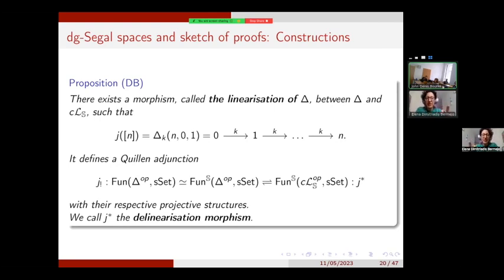And that defines an adjunction between simplicial spaces and our functor category. And we call the functor that goes in the other direction the delinearization morphism.